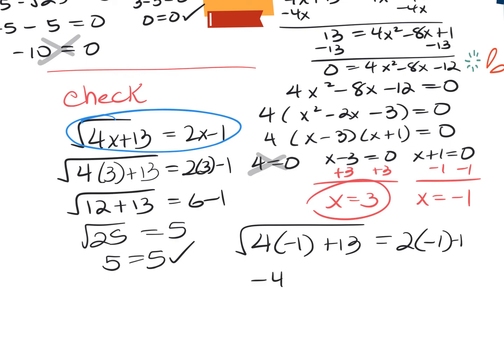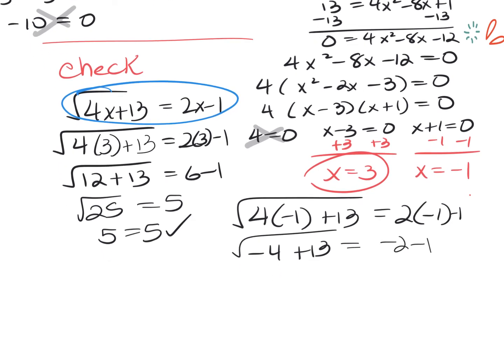So negative 4 plus 13 equals negative 2 minus 1. Negative 4 plus 13 is 9. Negative 2 minus 1 is negative 3. The square root of 9 is 3. 3 does not equal negative 3. So x equals negative 1 is a bad answer. So I only have one solution here.